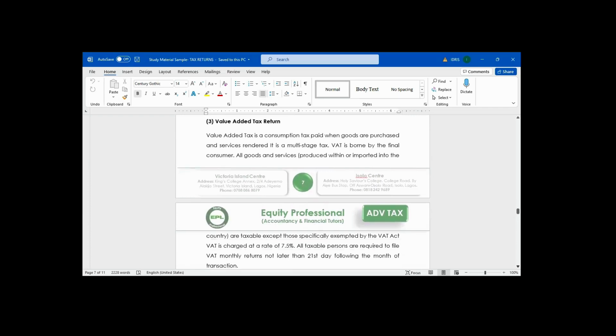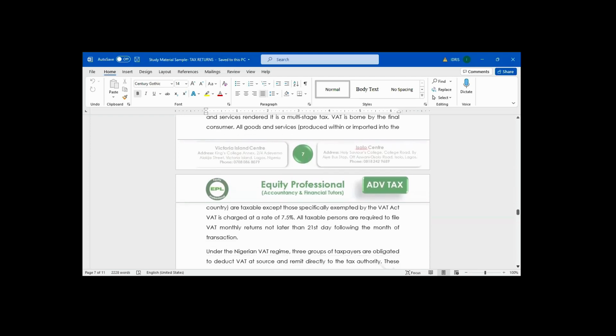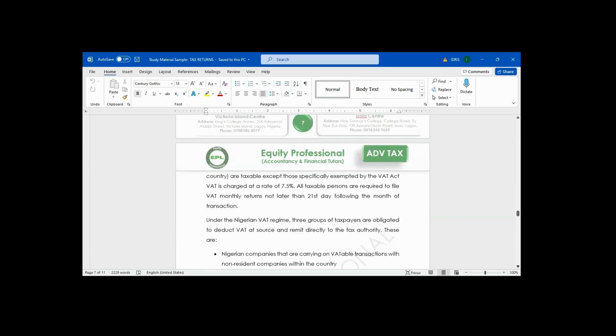This return is filed on a monthly basis. Value added tax return is filed on what? On a monthly basis. And it must be filed on the 21st day of the month following the month of transaction.